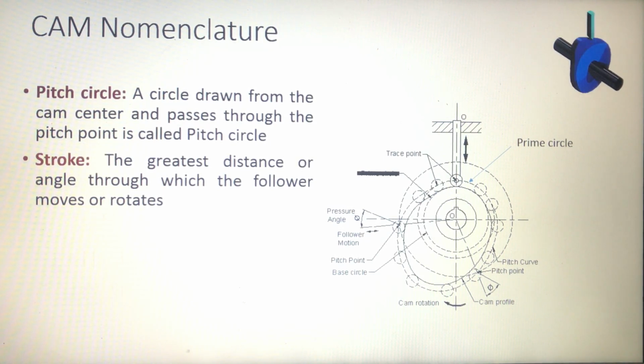In case of an oscillating follower, like this arc shape, you consider the greatest angle. For a reciprocating follower, you take the greatest distance, that is down to up or up to down.